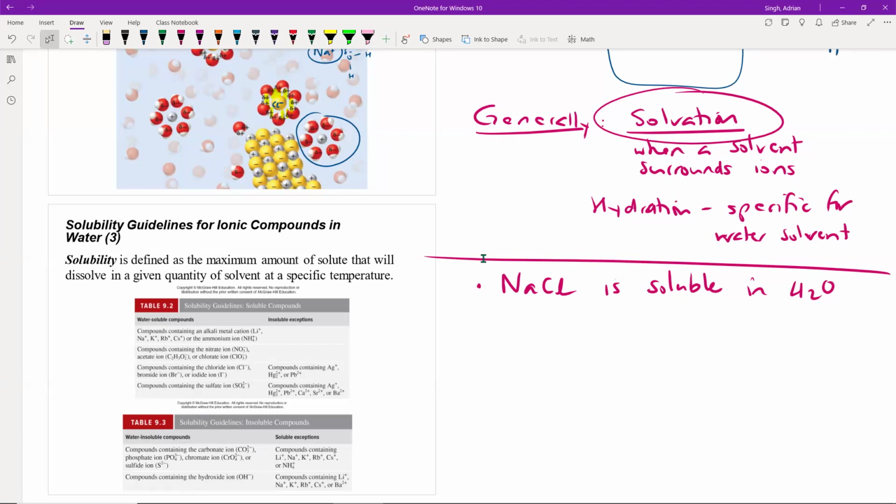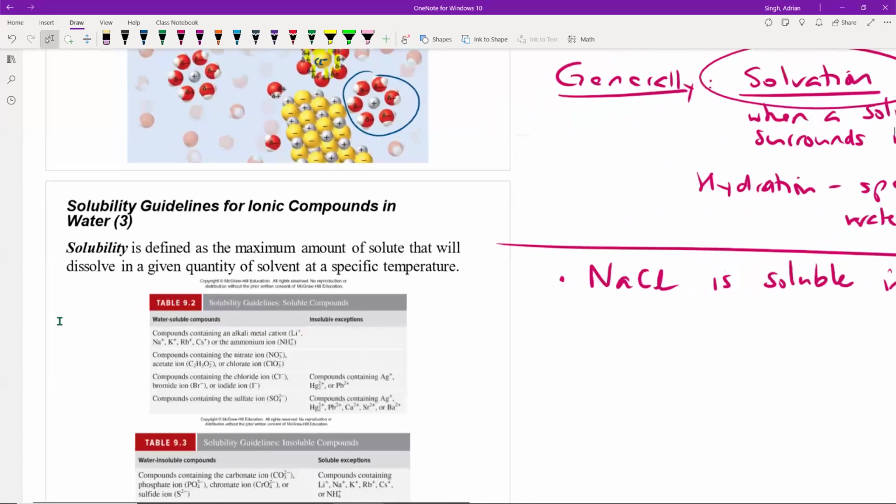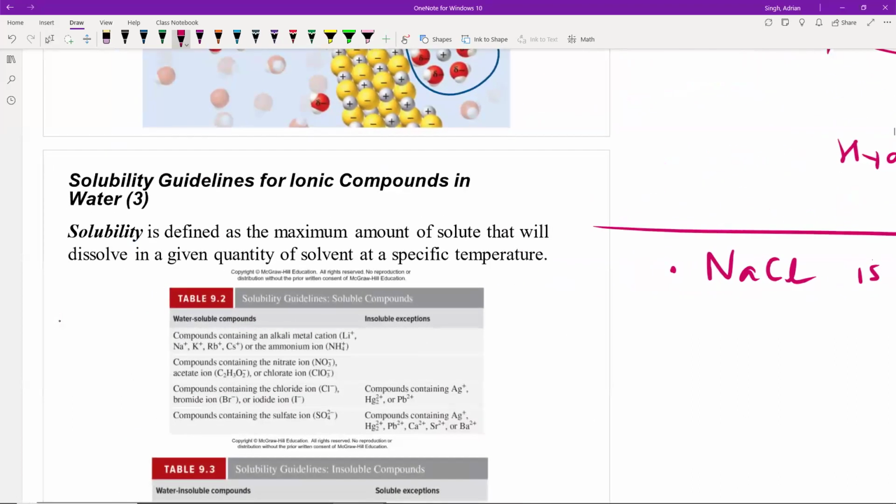So all of that data has been collected, all those observations have been made, and they've been summarized in what are known as solubility guidelines for your ionic compounds in H2O. Okay, so what we're going to take a look at now are these solubility guidelines, which are sometimes called solubility tables.